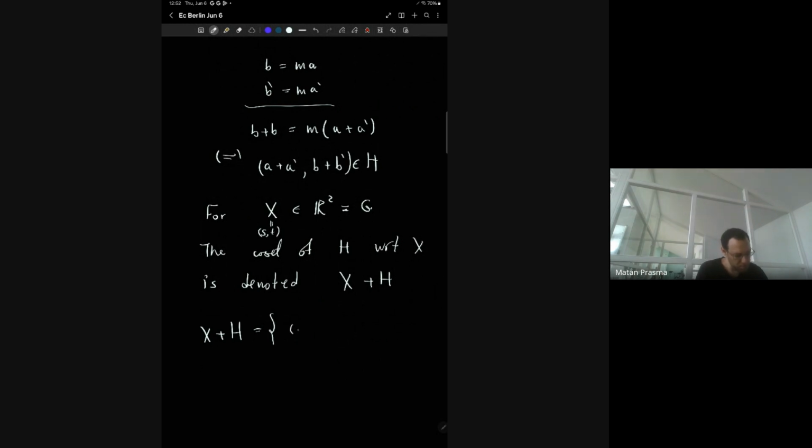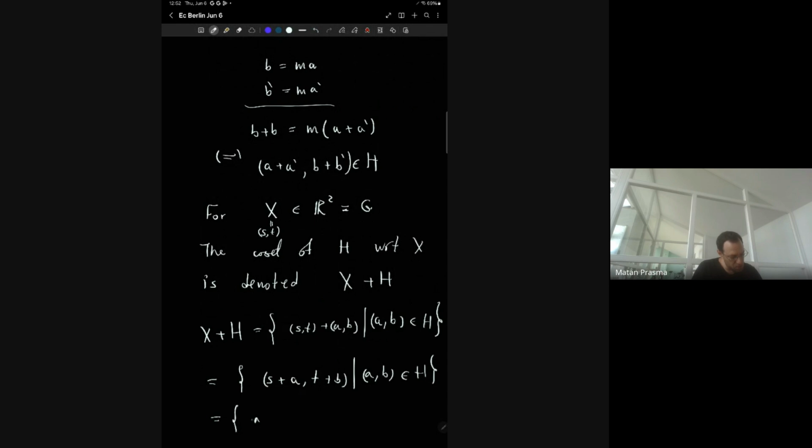Then this is all (S, T) plus (A, B), such that (A, B) is an element in H. Of course, I can write it simply as (S plus A, T plus B), such that (A, B) is in H. But for (A, B) to be in H, I know what has to happen.